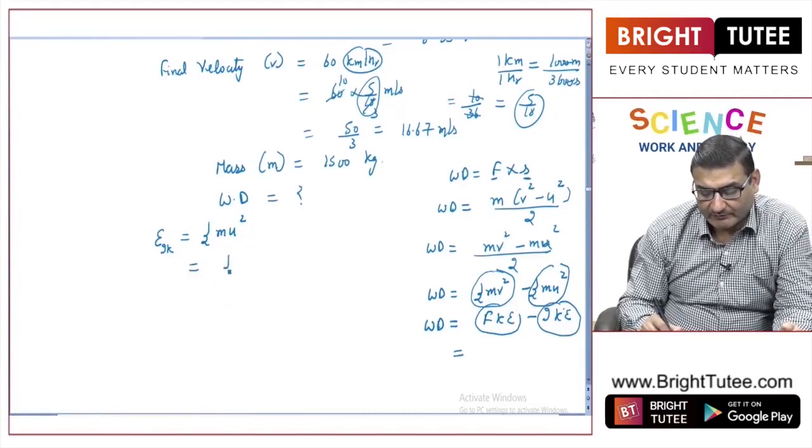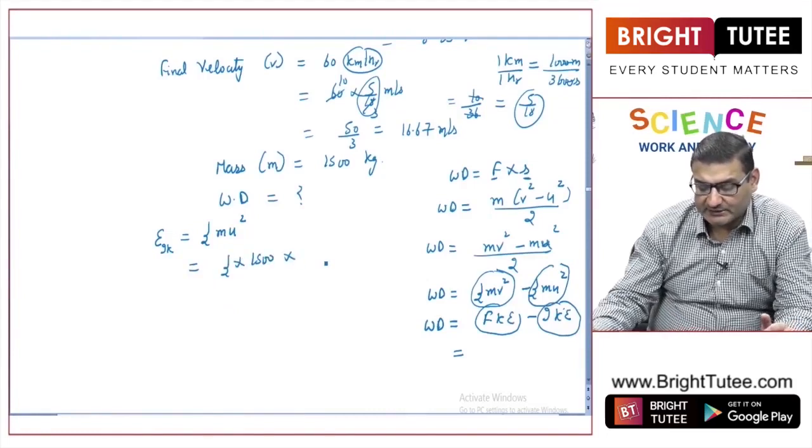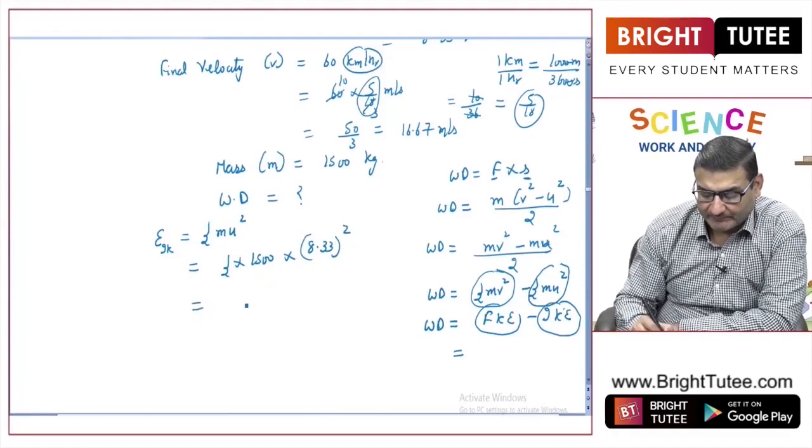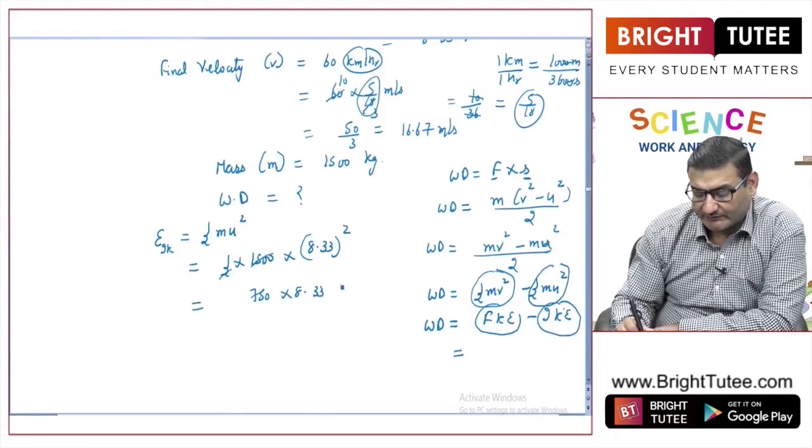Values I already know, half into 1500, and the initial velocity that came above was 8.33, and it is the square of it. Cutting it, 750 into 8.33 into 8.33.